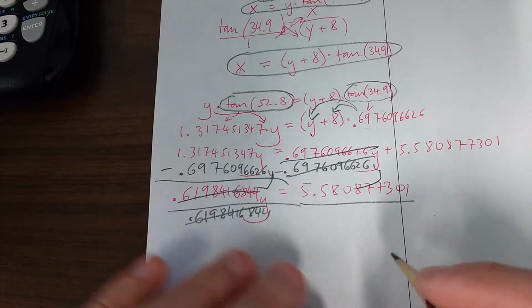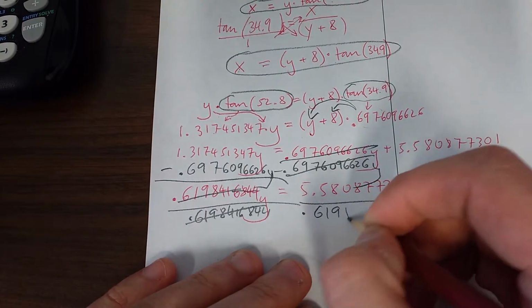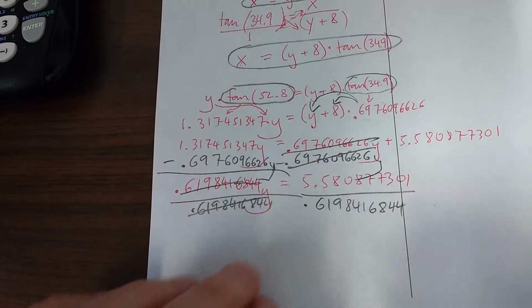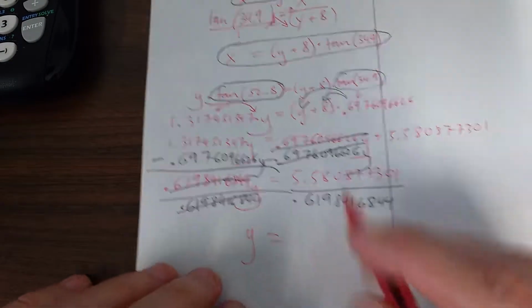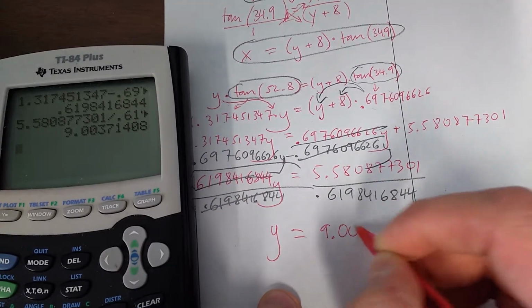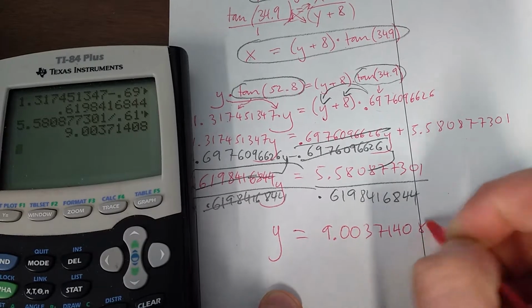And we need to divide on the right side also. Okay, so now on the left side all we have is just y, and then on the right side we just gotta make that division, so we're gonna do divided by this number. Okay, and y is 9.003.